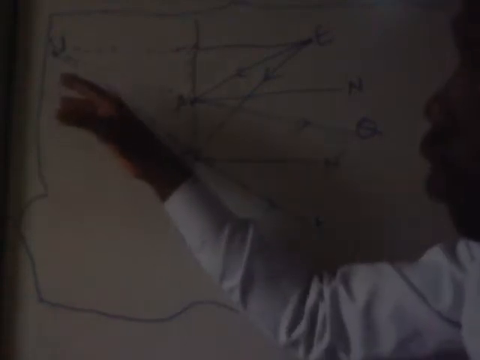Characteristics of the image formed by a plane mirror. Number one, the image is virtual. Number two, the image is upright or erect, standing upright, it's not inverted. Are you there? Number three is laterally inverted.